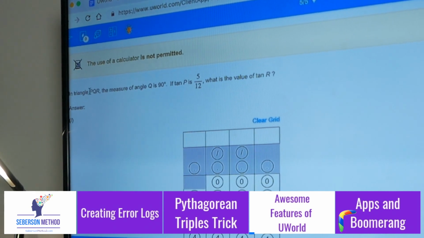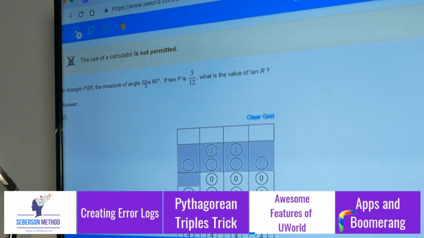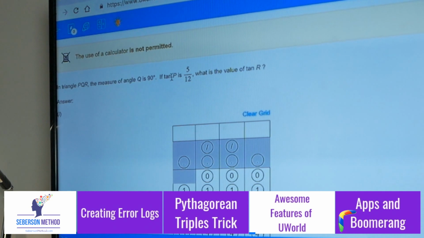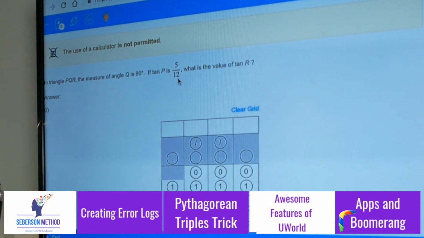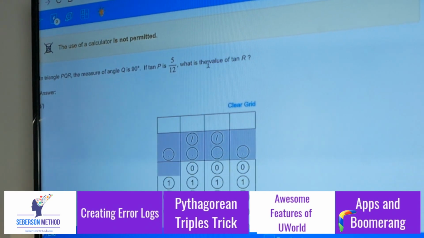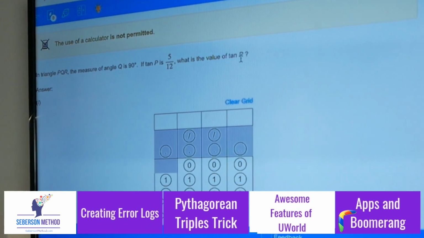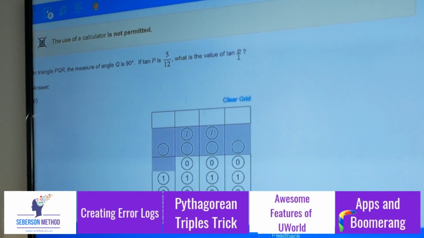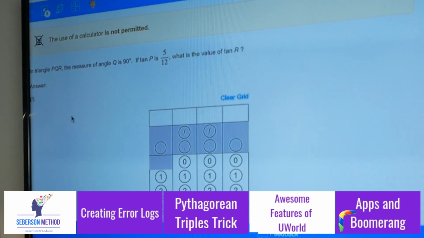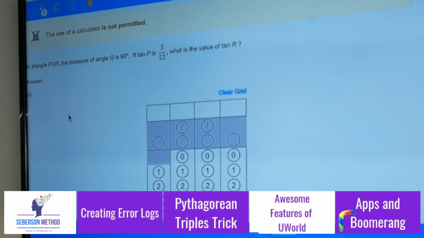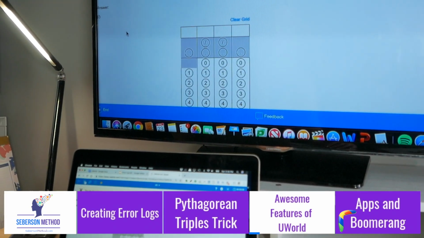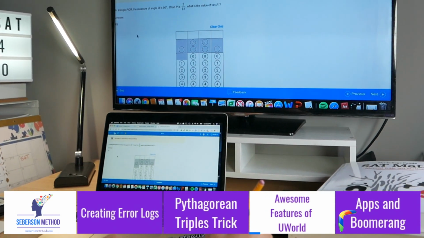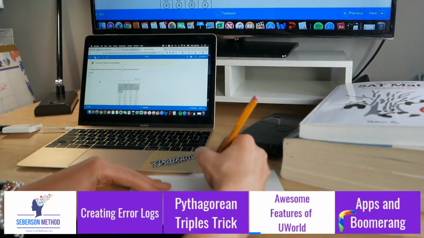In triangle PQR, the measure of angle Q is 90. If tan P is 5/12, what is the value of tan R? Do you guys know the answer? Do you remember how tangents work? So tangent is opposite over adjacent.